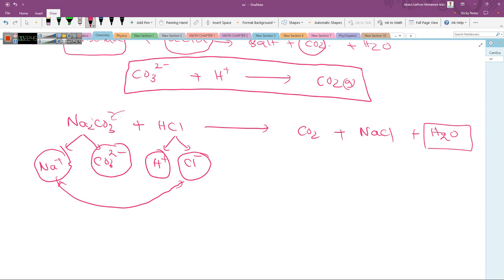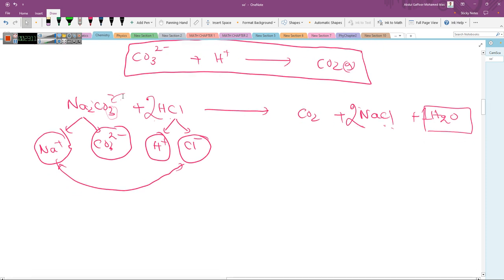So we have two sodium atoms in sodium carbonate, so we will multiply sodium chloride by 2. We have two chlorines here, so we are supposed to multiply HCl by 2. Now we have 3 oxygen on one side and 2 oxygen on the other, and if you put 1 water, it will be automatically balanced. Now we will see how this reaction will happen.